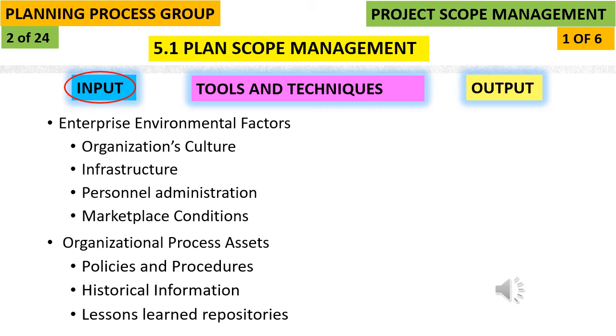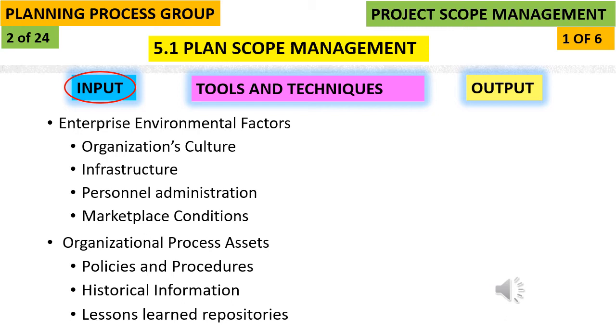Infrastructure, so the infrastructure available within the organization. Personnel administration, so the different administrative policies and procedures, guided by multiple factors, should also be considered before we plan the scope management.